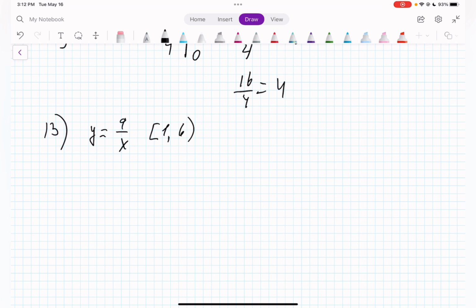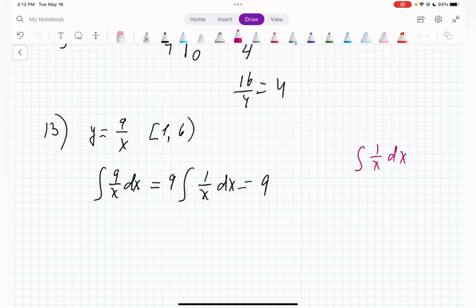So pretty straightforward. So 9 over x dx, it's going to be equal to 9, I'm taking it out, and we are getting the integral of 1 over x dx. That is going to be 9 times the integral of 1 over x dx, which is natural log of x, right? Okay.